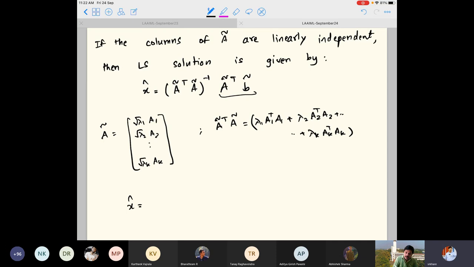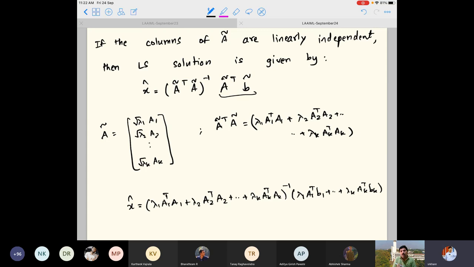And then you can see that x hat is nothing but lambda 1 A1 transpose A1 plus lambda 2 into A2 transpose A2 plus so on and so forth, lambda k into AK transpose AK, and you are taking the inverse of this, into lambda 1 A1 transpose B1, and so on, plus lambda k AK transpose BK. Do you all agree that this is how x hat really looks?